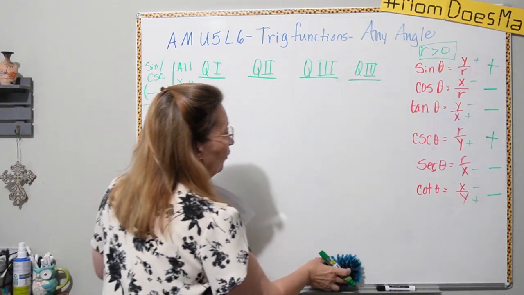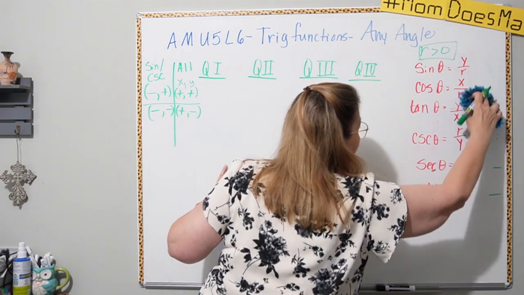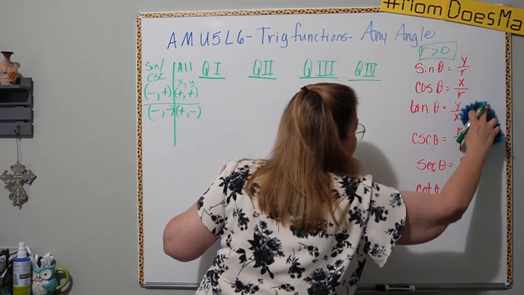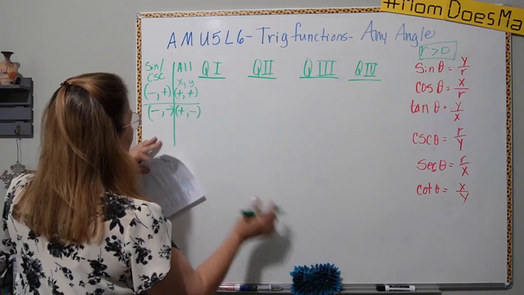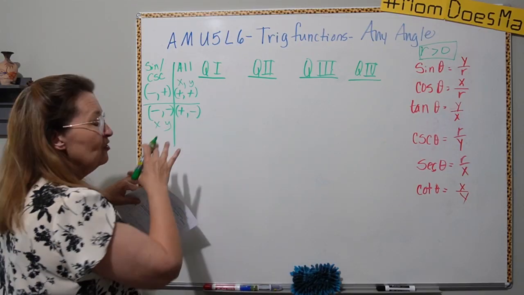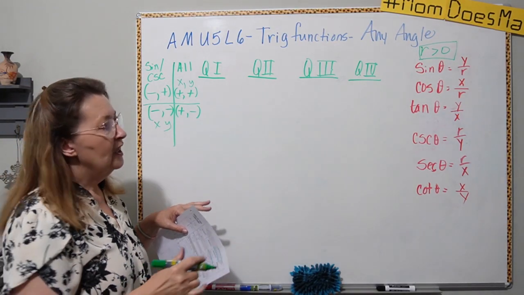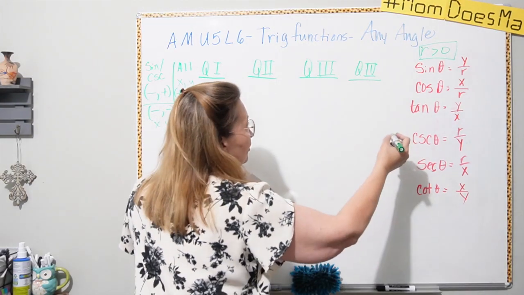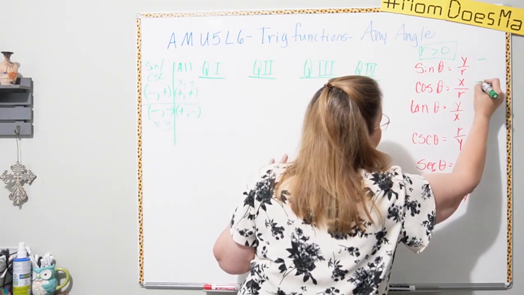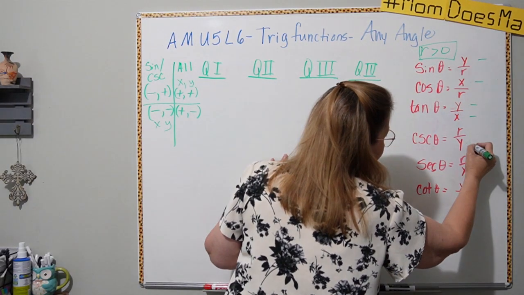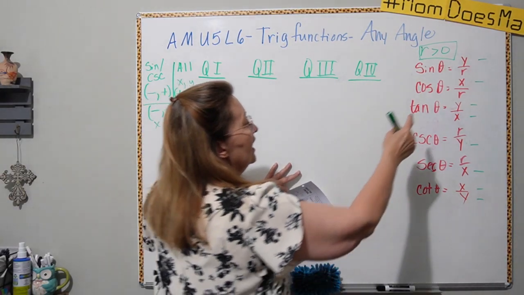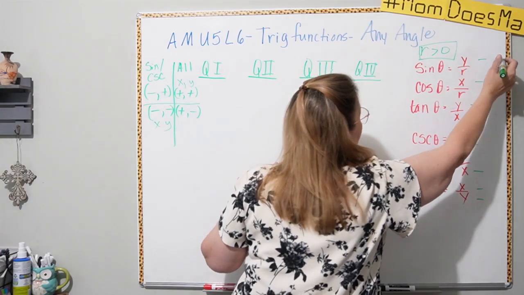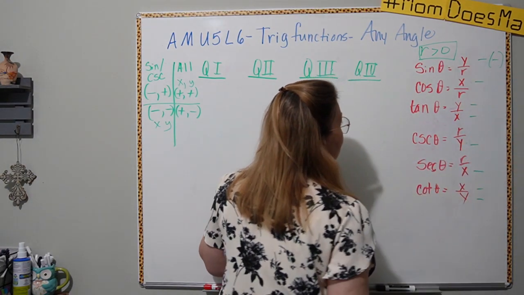All right. Now, we can do the same for the other functions. Let's do one more. In quadrant 3, x and y are both negative. So if I came over here and I put negatives where all the y's and the x's are, let's see what that would do. Okay, now let's go back and see. If my y is negative here, then my whole fraction is negative.